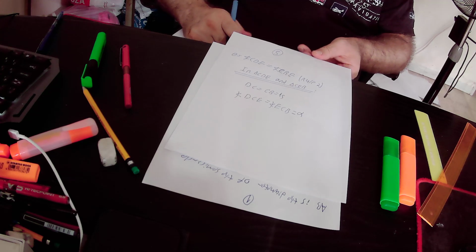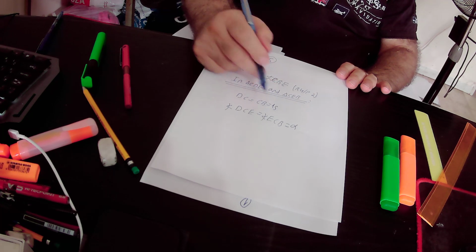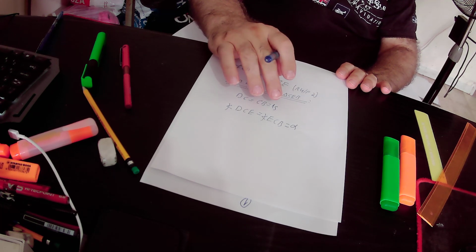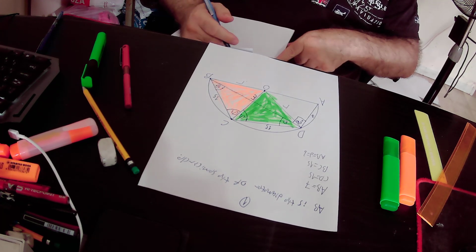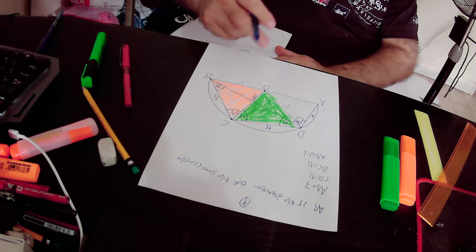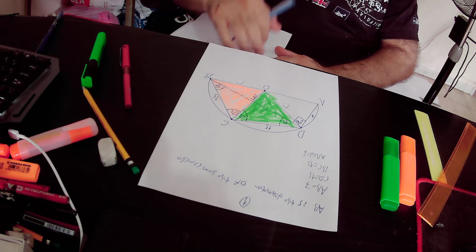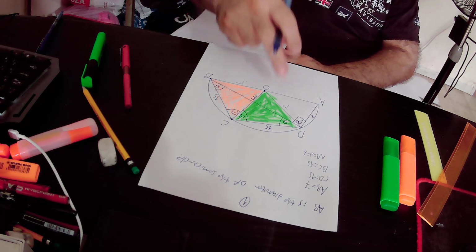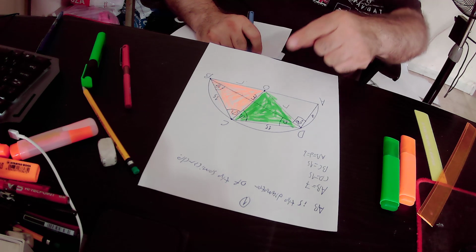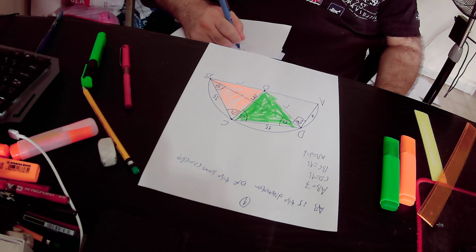And side CE is a common side. It belongs to both the green triangle and the orange triangle. So CE equals CE.